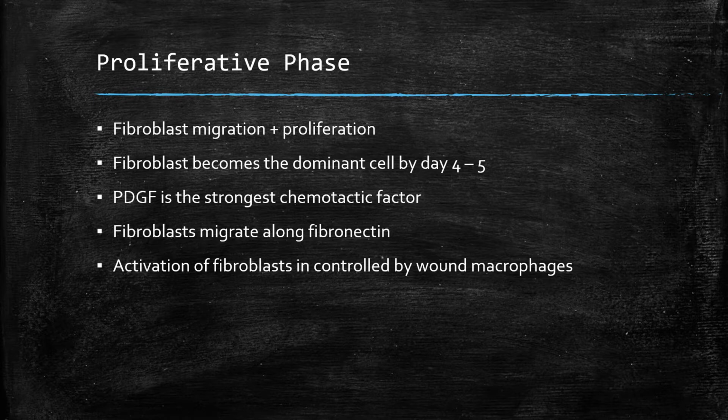And by post-injury day 4 or 5, the fibroblast is now the dominant cell. Fibroblasts arrive in the wound under the influence of platelet-derived growth factor, and they migrate into the wound along a fibronectin network. The various activities of fibroblasts are controlled by cytokines secreted by wound macrophages.